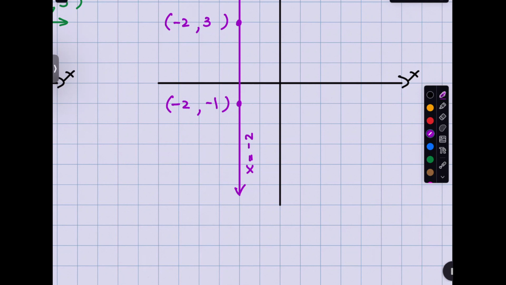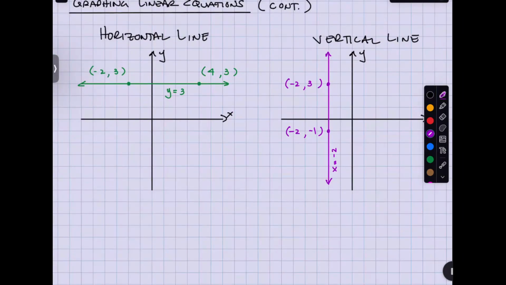All right? I'm not trying to tell you that. I'm just trying to tell you if it's x alone or y alone, let's solve for it, plot 2 points, and we're done. We already know what it is. All right? So I'm not trying to force it on you. All right? So with that being said, let's talk about slope.